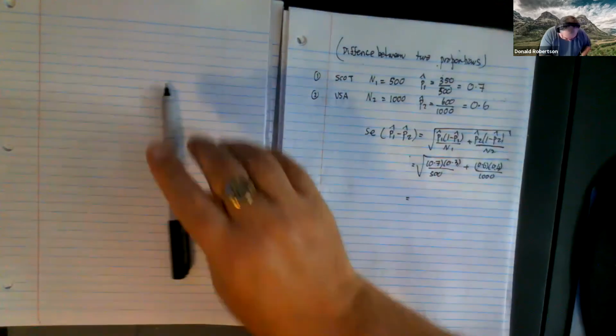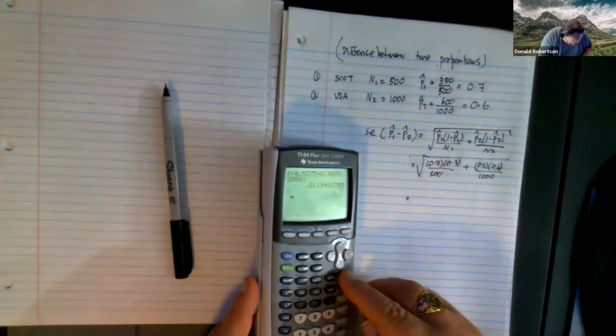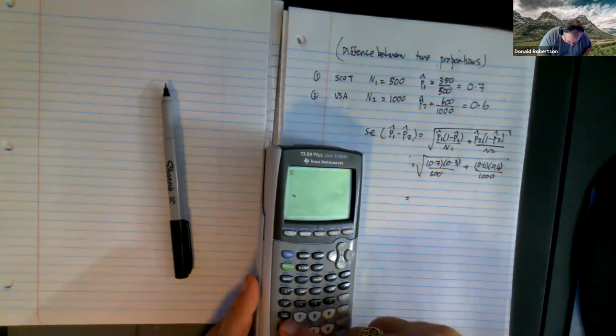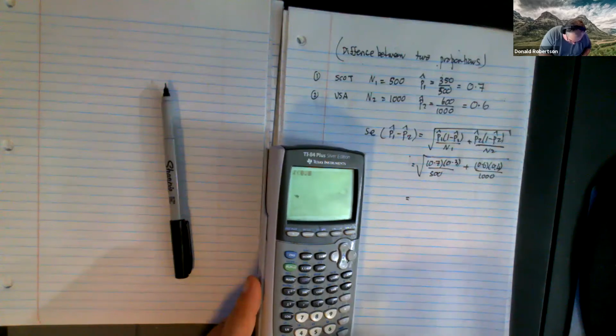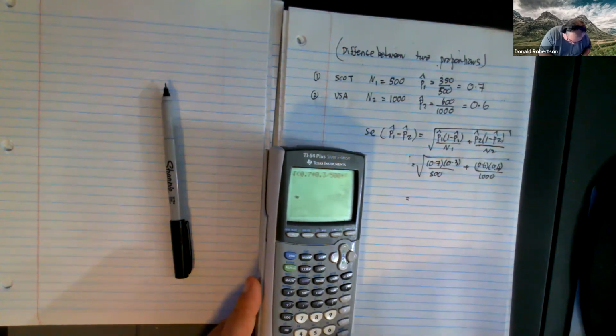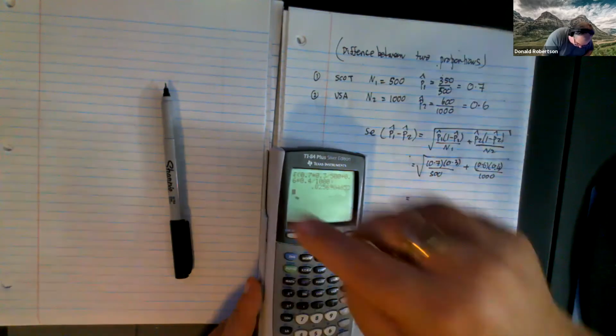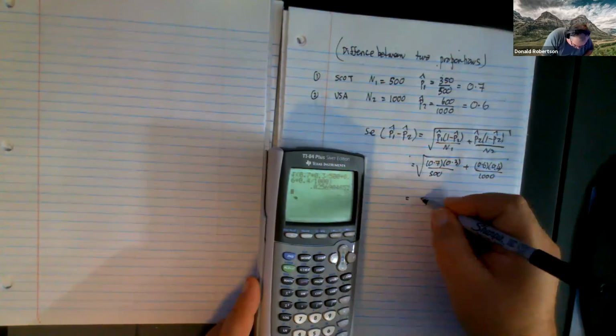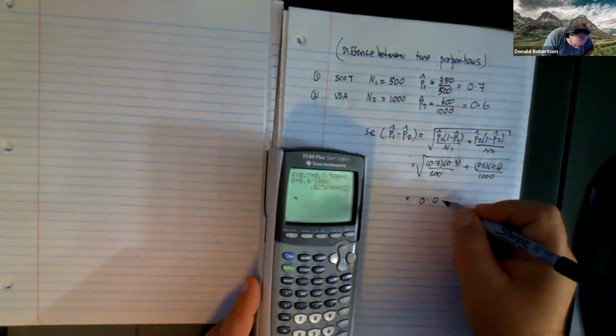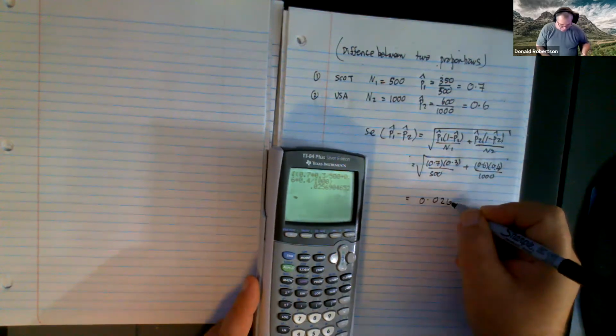And this is where the calculator takes over. The square root of 0.7 times 0.3 divided by 500 added to 0.6 times 0.4 divided by 1,000. And we get 0.026 to 3 decimal places.